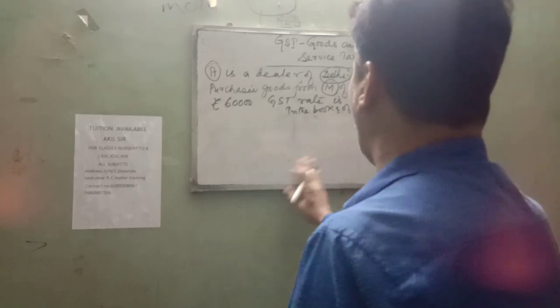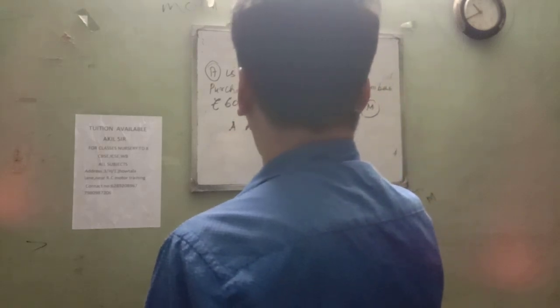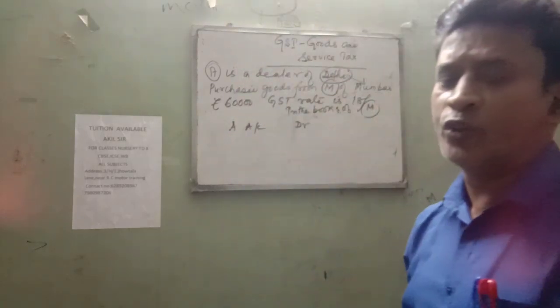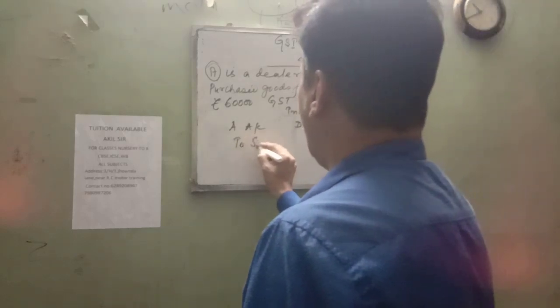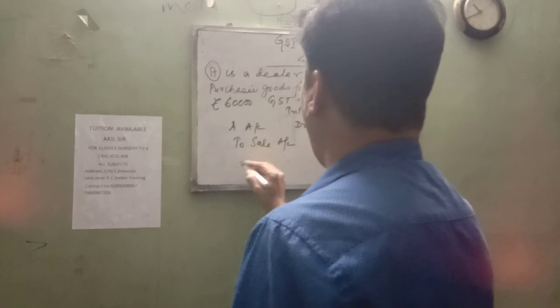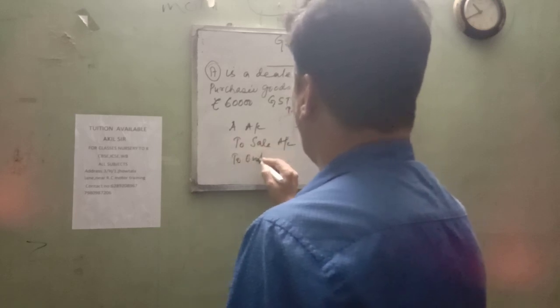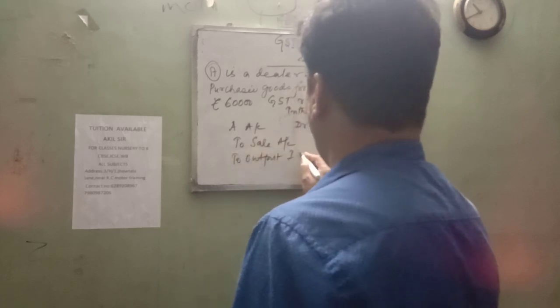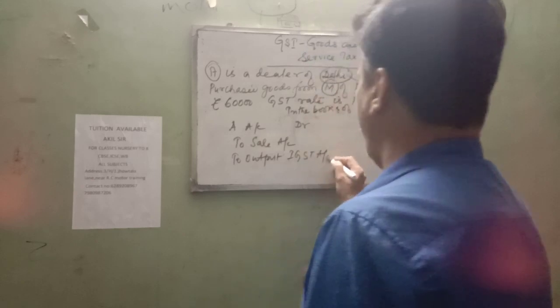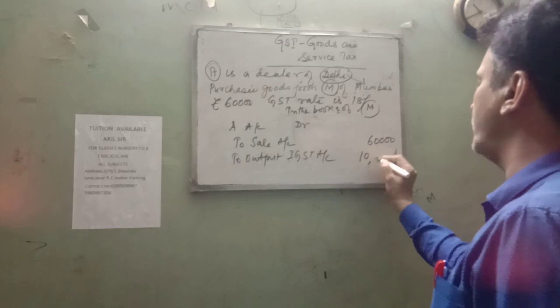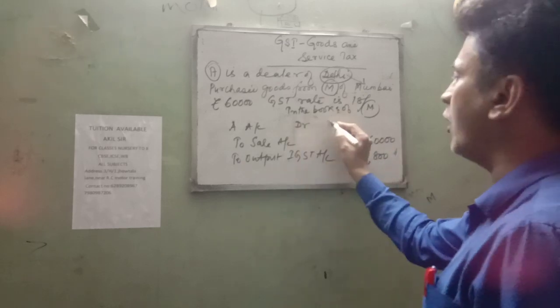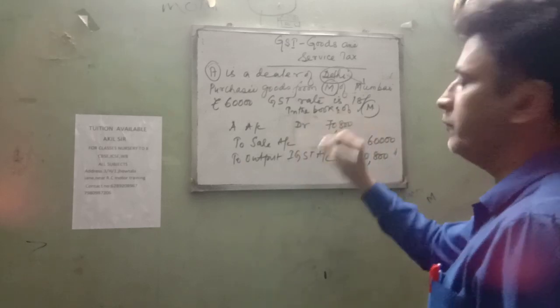So in the books of M, how will the entries be passed? We know that A is receiving goods from M, so A account will be debited, and it would be to sale, and to output IGST. Okay, clear? To sale it would be 60,000, to output IGST 10,800, and A account will be debited 70,800.